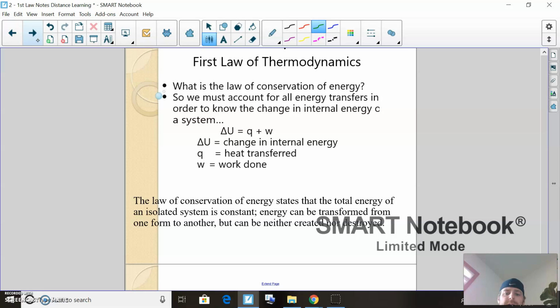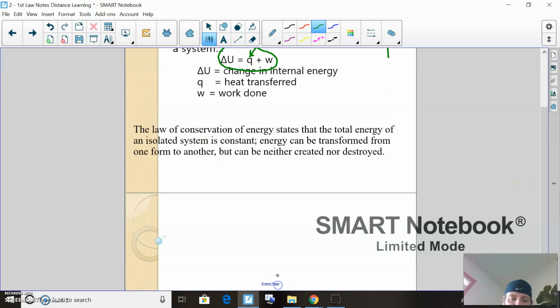So the first law of thermodynamics, and why we care about thermodynamics, is this. We must account for all the energy transfer to know the internal energy of a system. So here's our delta U, and the internal energy of a system is heat plus work. It states that the total energy of an isolated system, keyword isolated, is constant.